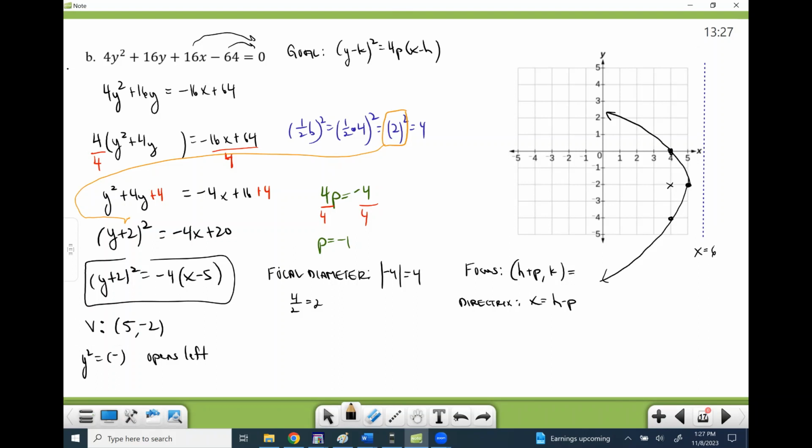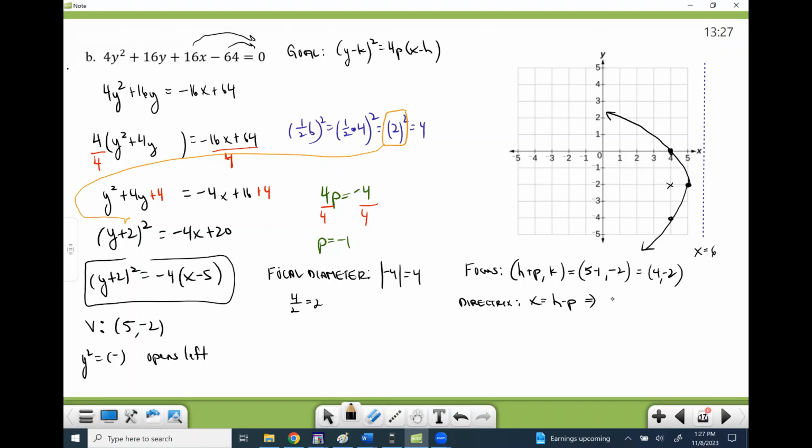H is 5 plus the p. The p was -1. So plus -1, that would just be -1, right? And then comma the k, right? So the k was, if you go back to our vertex, -2. So that should get us 4, -2.